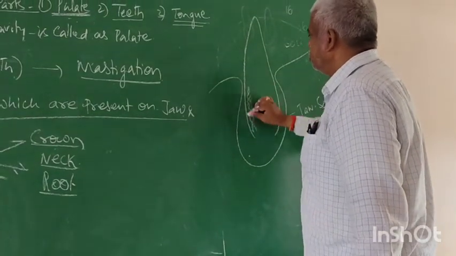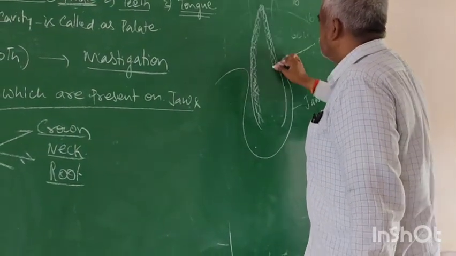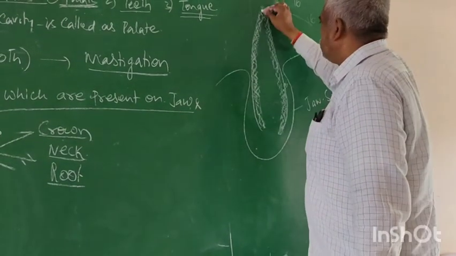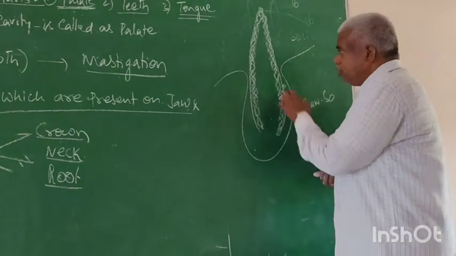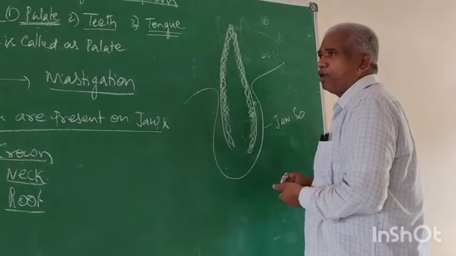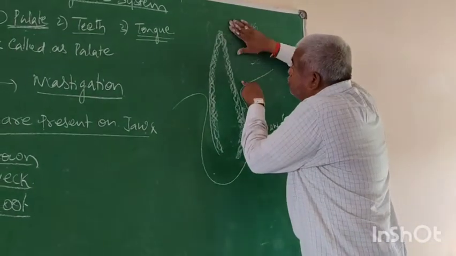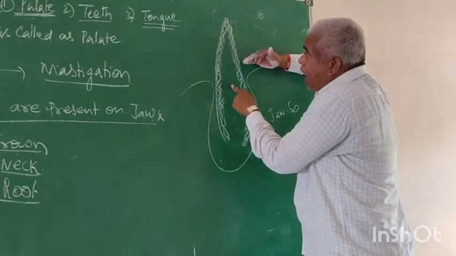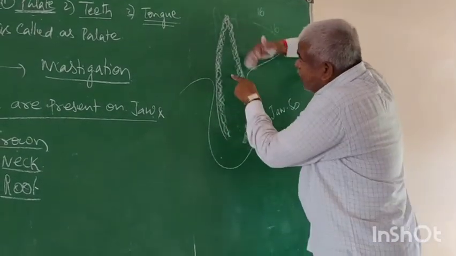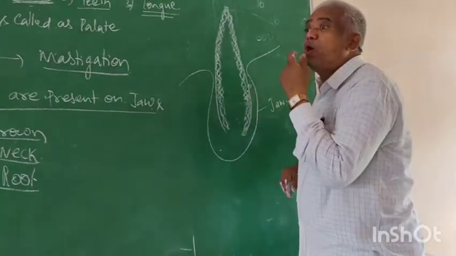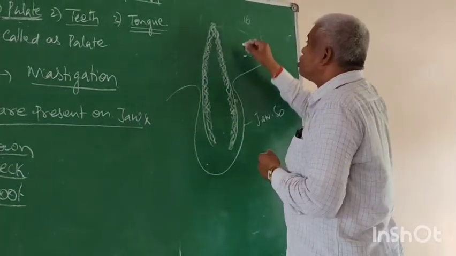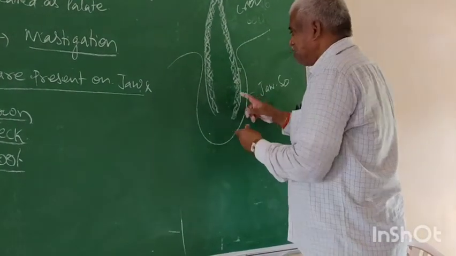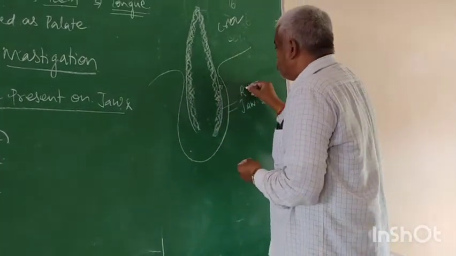The part of the tooth which is outside the socket, which is visible to the eye, is the crown. The part which is fixed in the jaw socket is called the root.